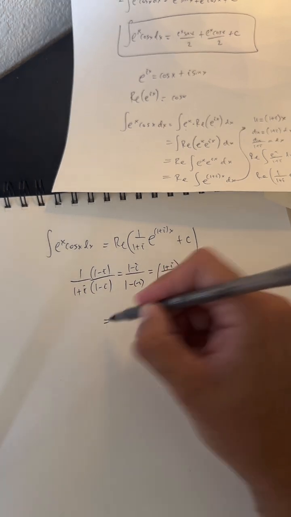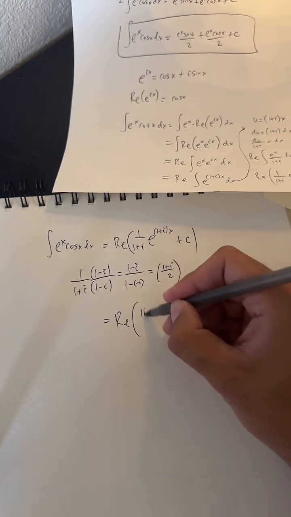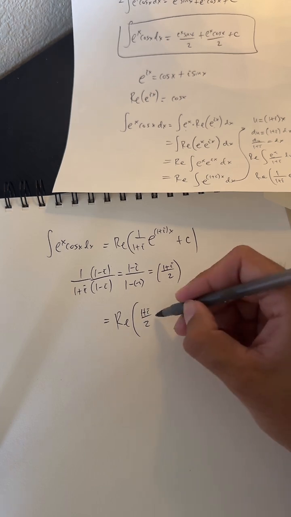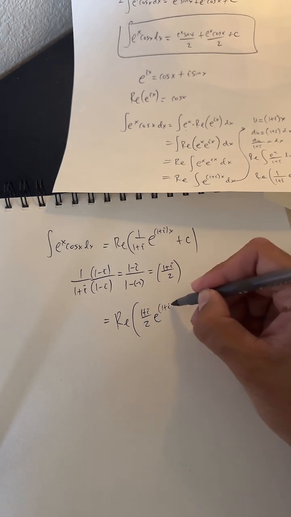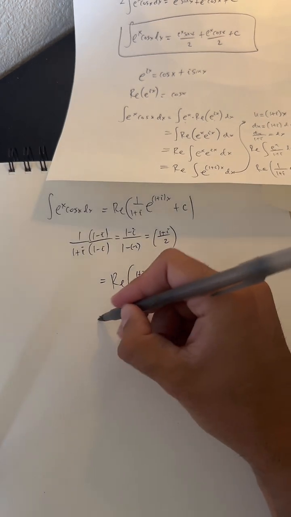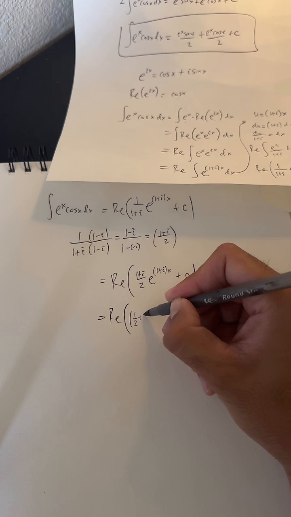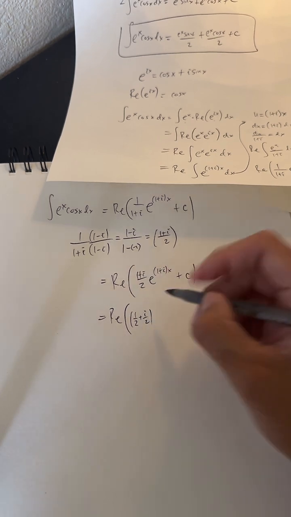So back to our integral, we said this is equal to the real part of this. So we have the real part of (1 plus i) over 2 times e to the (1 plus i)x plus C. A couple of things we're going to do is rewrite this a little bit. We're going to do 1/2 plus i over 2. I just divided everything by 2.